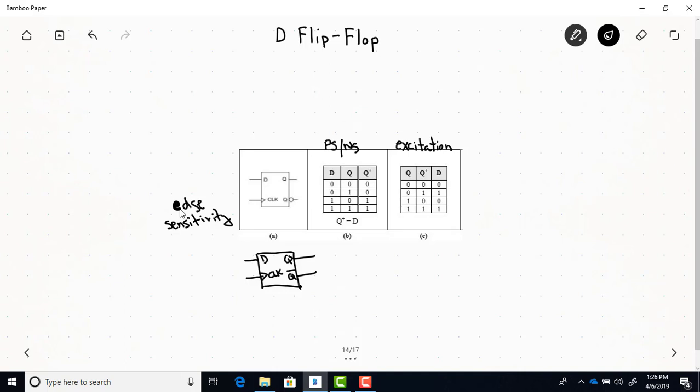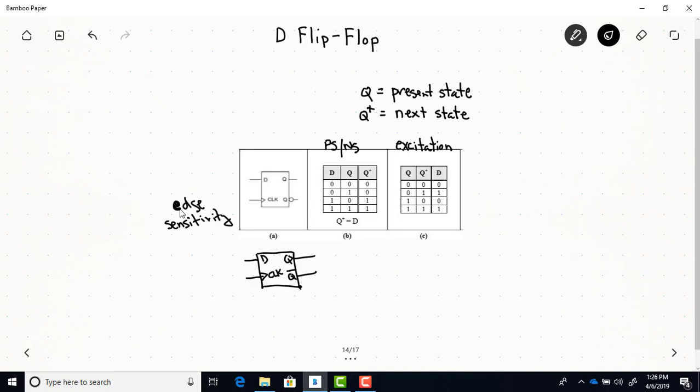If we look at this present state, next state table, in this symbology, Q in these tables is the present state of the Q output. And Q plus is the variable used to identify the value of the next state of the Q output.